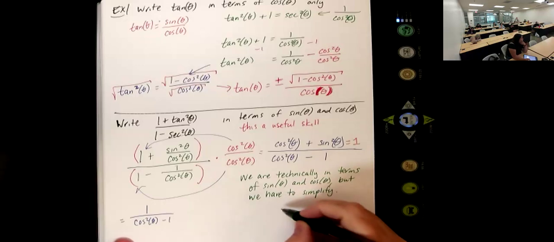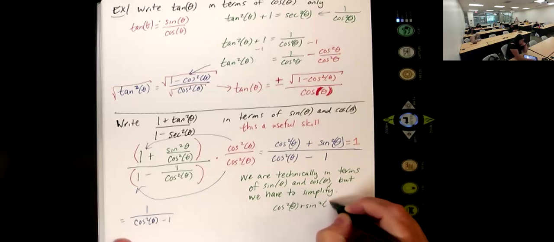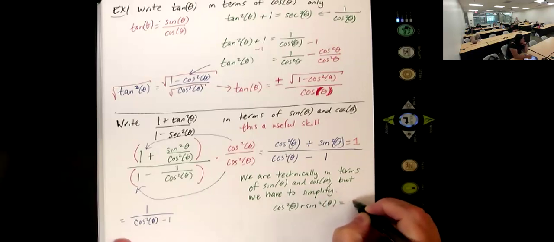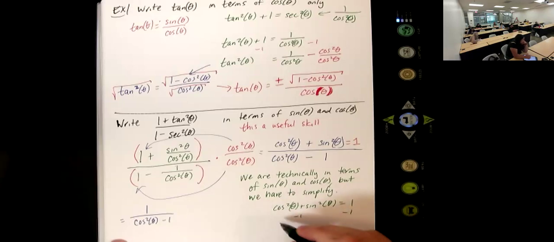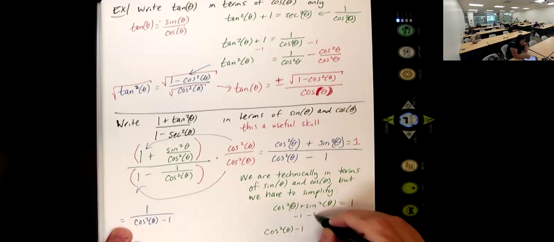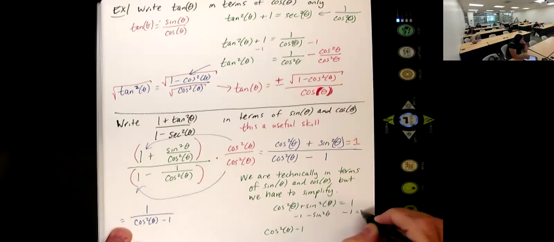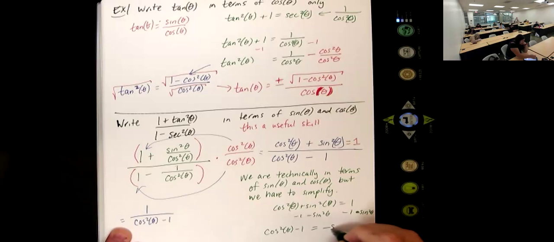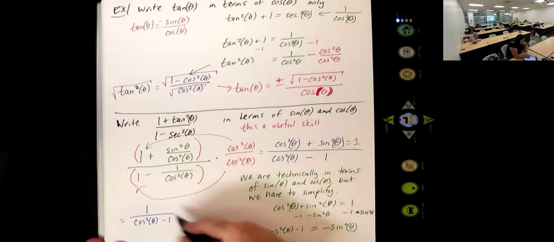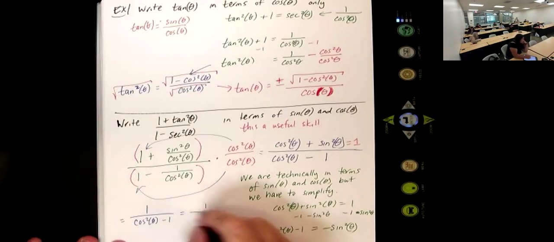And if we look at that, cosine squared theta plus sine squared theta equals 1. If I subtracted 1 from both sides, I would have cosine squared theta -1, which matches the bottom. If I subtract sine squared theta from both sides, I can have something that it equals. So I could rewrite this as 1 over negative sine squared theta.